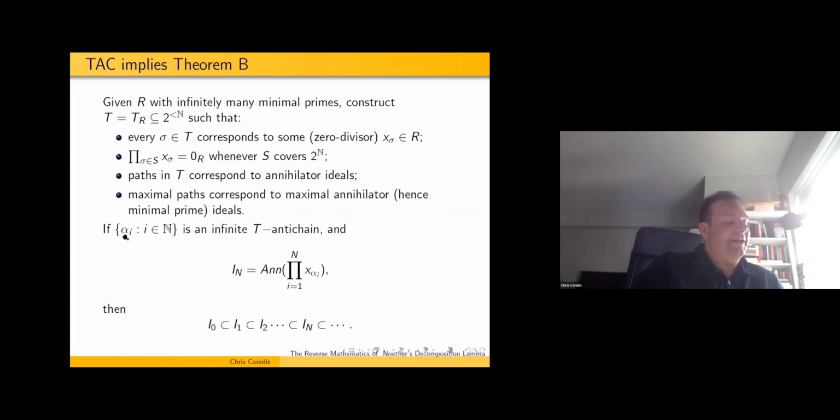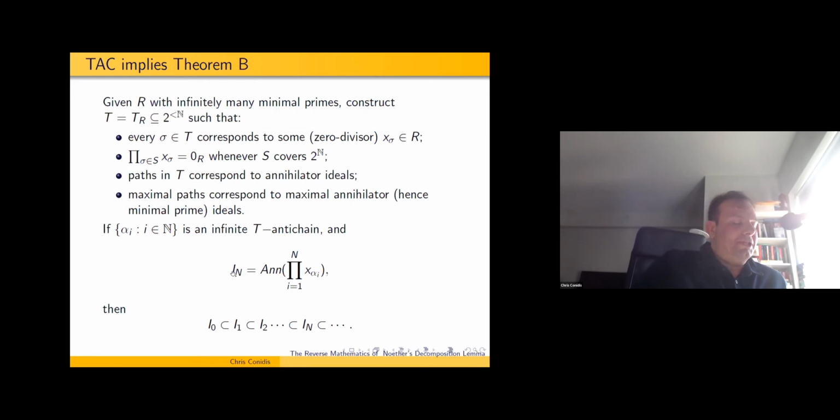And then using the infinite anti-chain in your tree, remember that every node in the tree corresponds to a ring element. You can take annihilators of larger and larger subsets of your anti-chain, essentially. You end up taking products of ring elements that correspond to this anti-chain, and the more elements you include in your product, the bigger the annihilator of that large product gets.